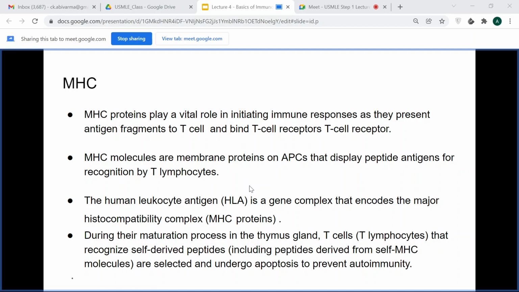Obviously, as a bridge, there are different T helper cells that go through this process as well. Just a bit of history so that you can keep in mind what their function is.